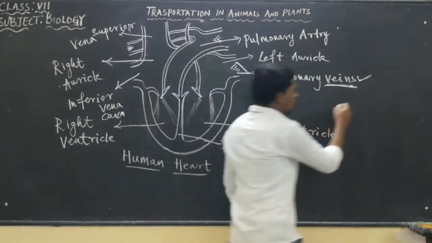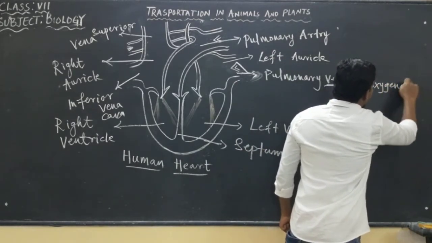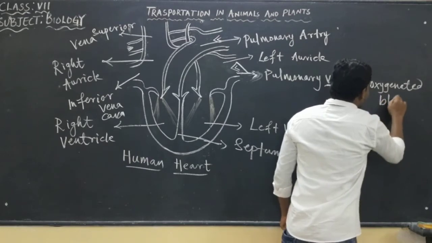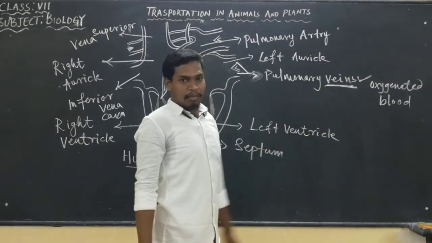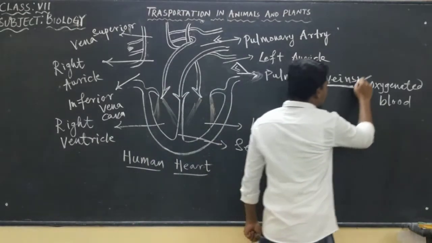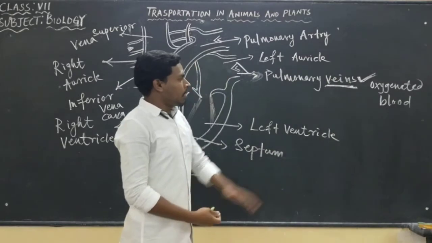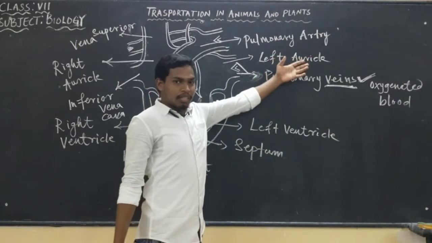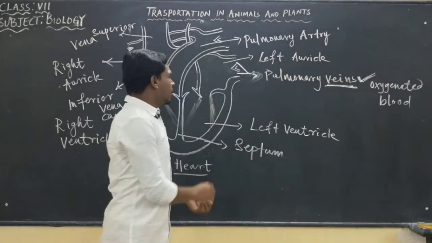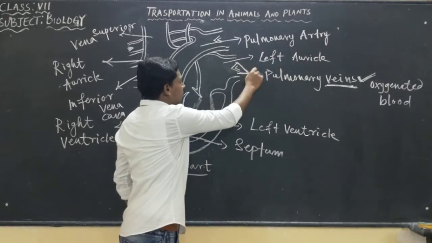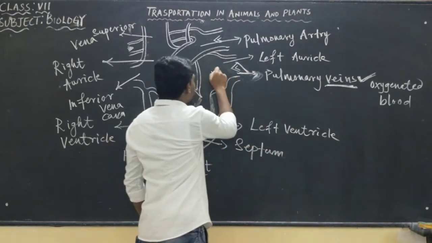The pulmonary vein carries oxygenated blood. Now the pulmonary vein carries oxygen from the lungs, and it transfers the oxygenated blood into the left auricle.